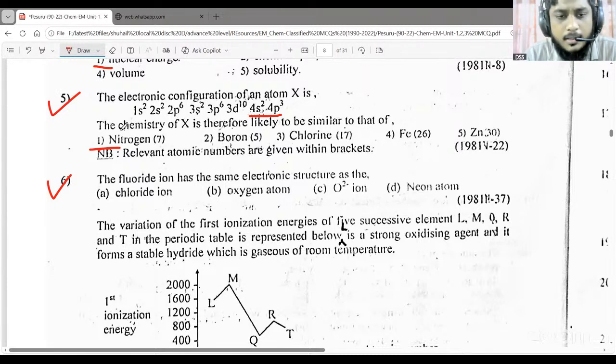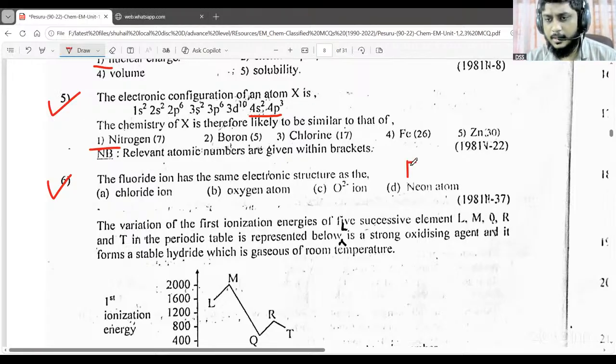Now the next one. The fluoride ion has the same electronic structure as the fluoride, meaning F minus. Fluoride means fluorine. Fluorine is in the 17th group, so it is the F minus ion. So the F minus ion has 8 electrons. Normally fluorine has 7 electrons in the outer shell, so when it takes 1 electron, it gets 8.